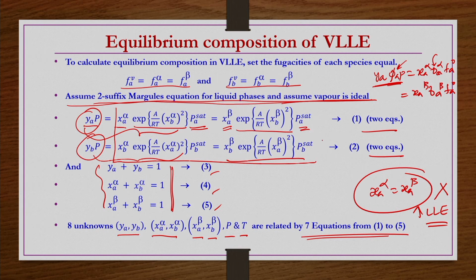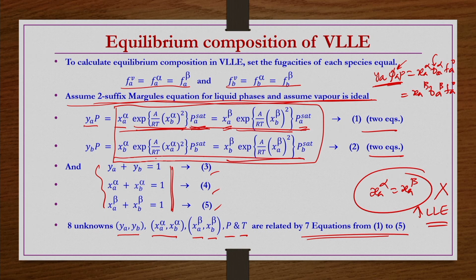First we can solve the LLE part of the problem, solving only this part without worrying about YAP, because now we know that these things are independent of pressure. Equations number 1 and 2, the boxed ones, are independent of the pressure if you take the pressure in the low to moderate range. So, this part you can take as the LLE part and find out XA alpha and XA beta.